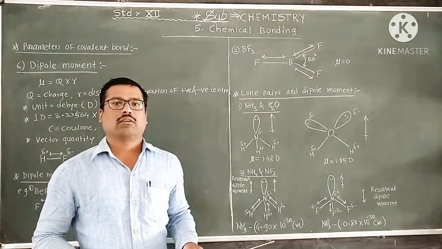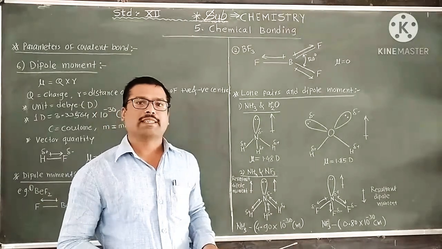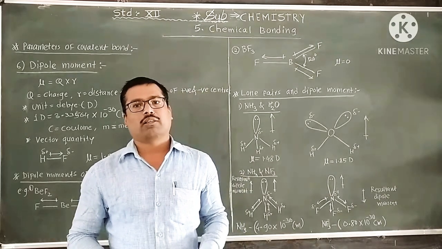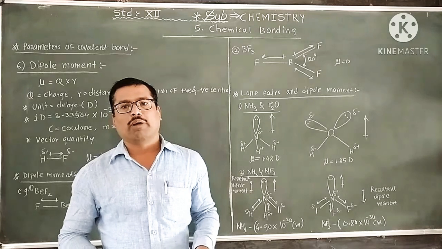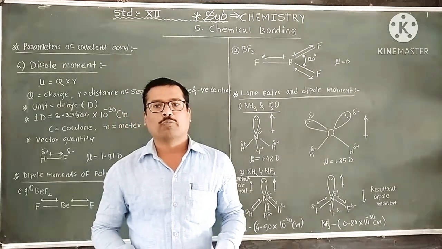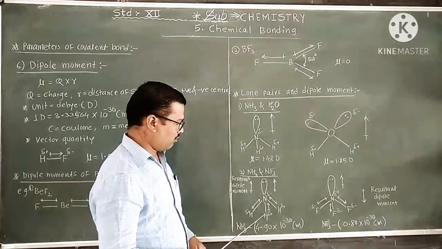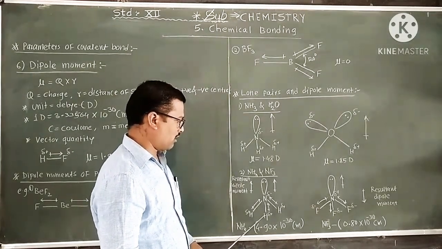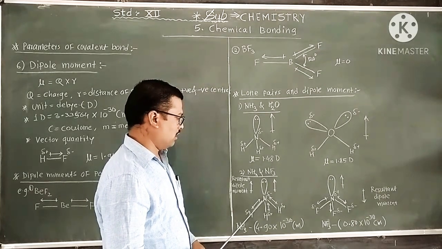This difference between the two molecules having the same center atom, nitrogen, is because in the case of ammonia the orbital dipole moment due to the lone pair is in the same direction. These three hydrogens in NH3 carry the partial positive charge, and the electron density is transferred towards nitrogen.